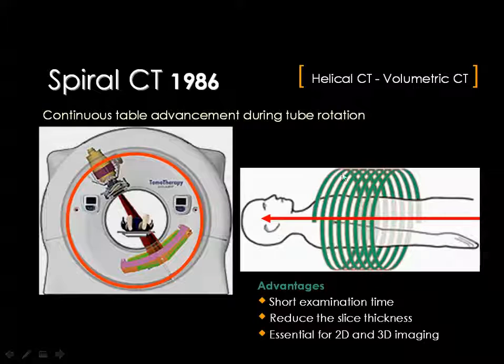Then you get what looks like a spiral, and hence the name. This is the spiral CT or volumetric CT or helical CT. And this CT has greatly reduced the examination time from 1 hour to about 12 minutes or 10 minutes.